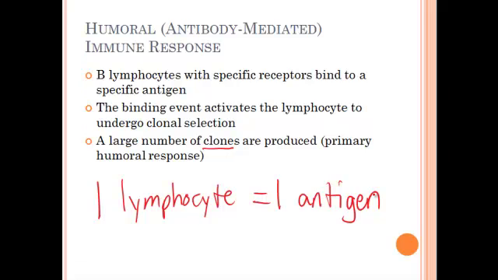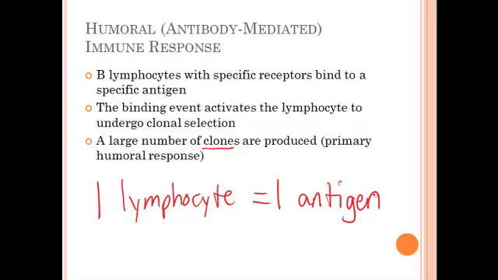And so another interesting thing is it depends on our genetics. So our genetics are what determine the lymphocytes that we produce. And so every person has a specific number of antigens that it can recognize and produce a response to. And there's a lot. It's not like it's a small number.